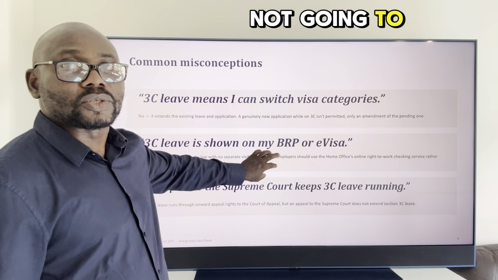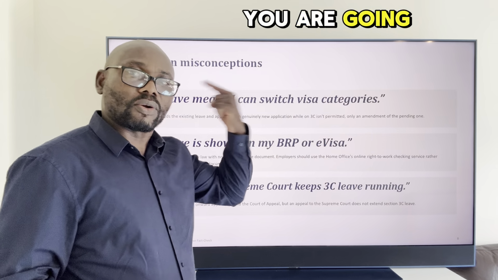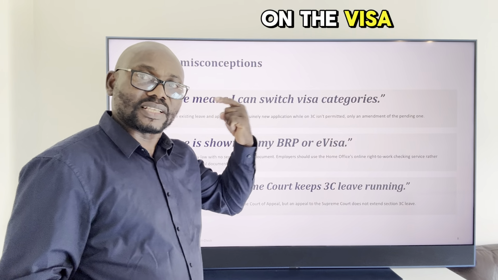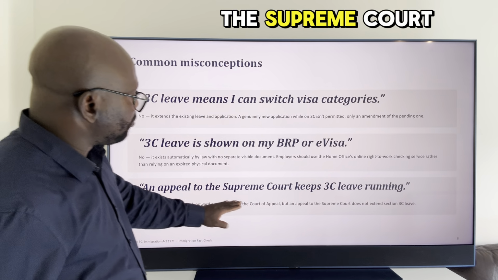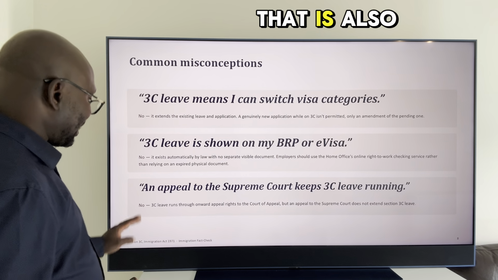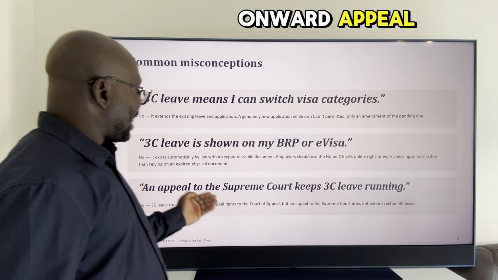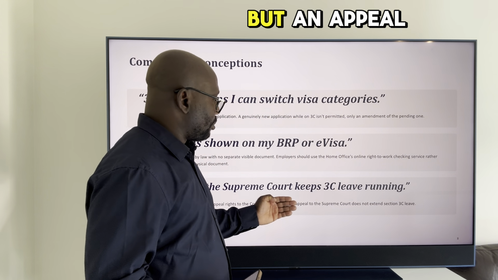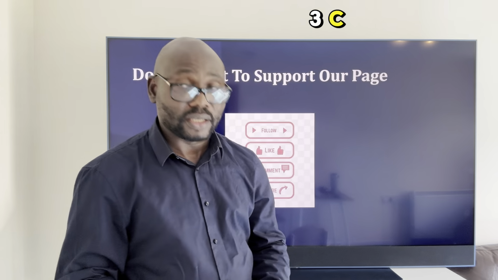No, you are not going to see Section 3C leave on your BRP or your e-visa. If at all, you are going to see the rights you had on the visa that already expired. Another one: an appeal to the Supreme Court keeps Section 3C leave running. That is also no. Section 3C leave runs through the onward appeal right to the Court of Appeal, but an appeal to the Supreme Court does not extend your Section 3C leave.